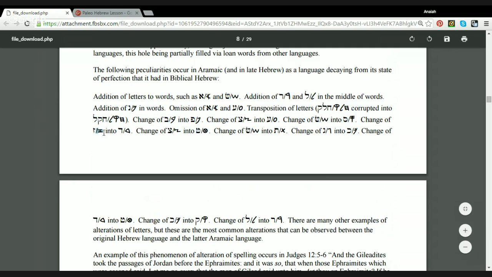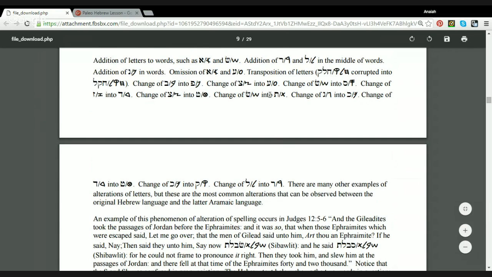They changed it sometimes into d, because they were pronouncing d kind of like a z sound, like a d and a z together. Then change of j into a th sound, very similar in sound. And also ts might be changed into a t. Change of s into t.